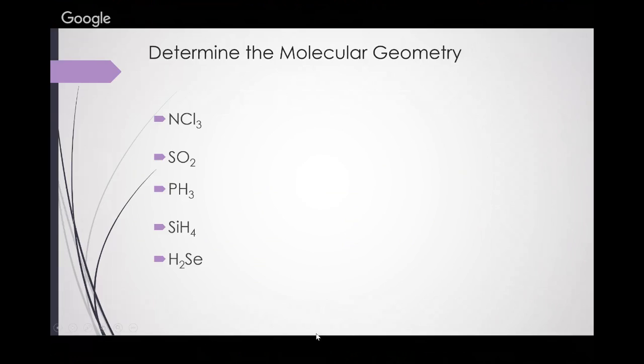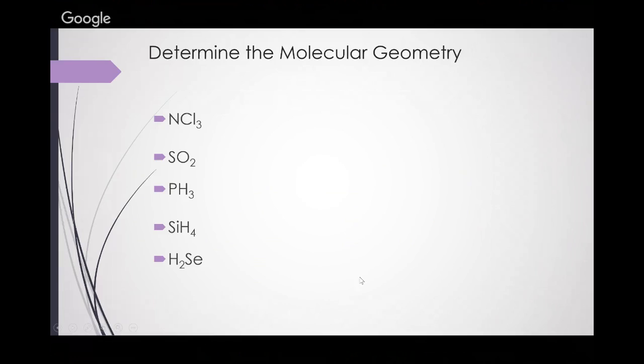Sulfur dioxide is going to result in a lone pair of electrons on the sulfur. We've got 2 bonded atoms, so that's a 2 plus 1 is 3. This gives us a bent shape, and our bond angles would be less than 120 degrees because of that lone pair. So your electron arrangement is trigonal planar, but that lone pair on sulfur pushes those oxygens a little closer together.